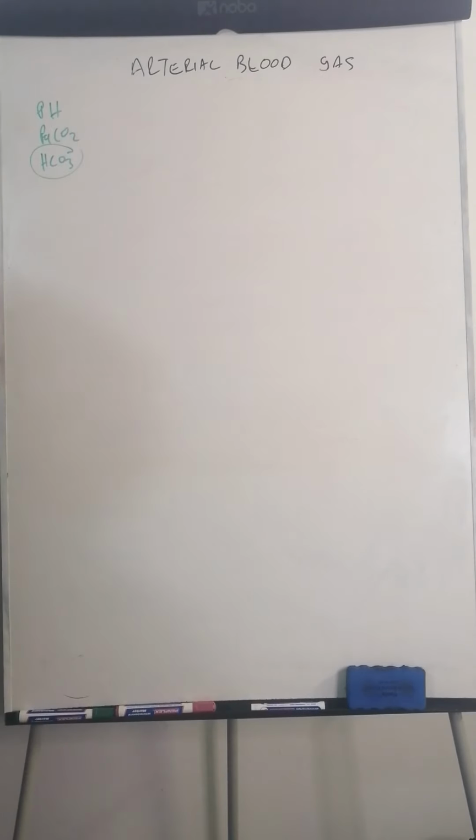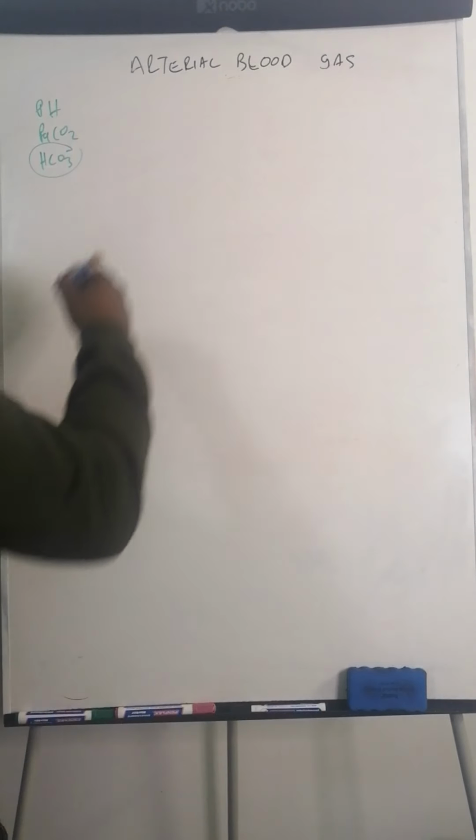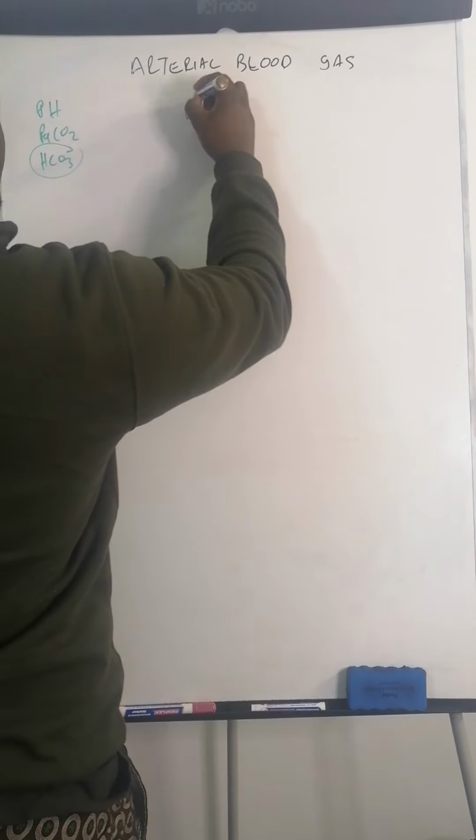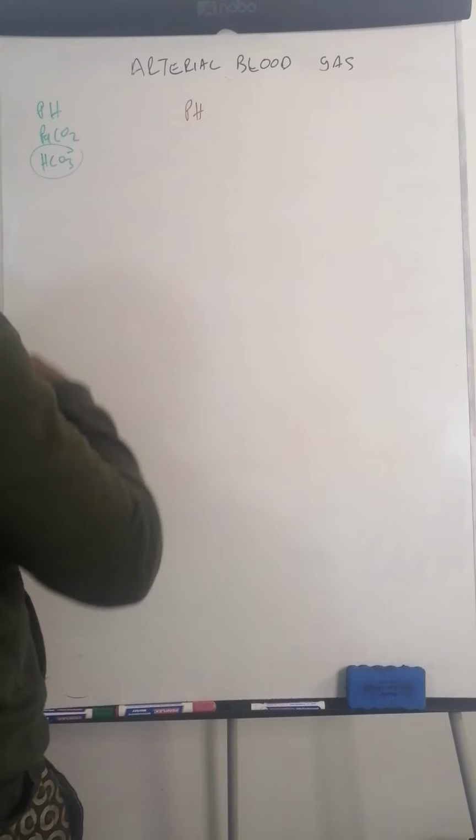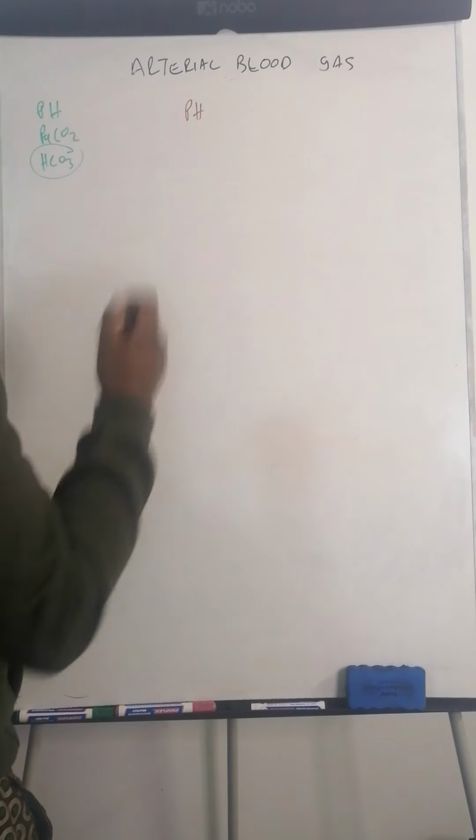And I really want us to go together on this, guys. So once again, you get a strip, ABG results from the machine. First thing you look at is the pH.